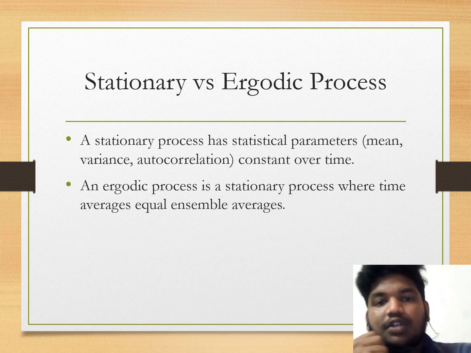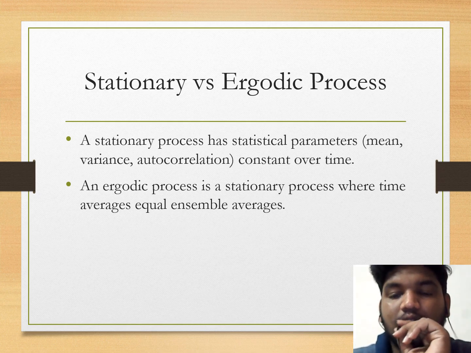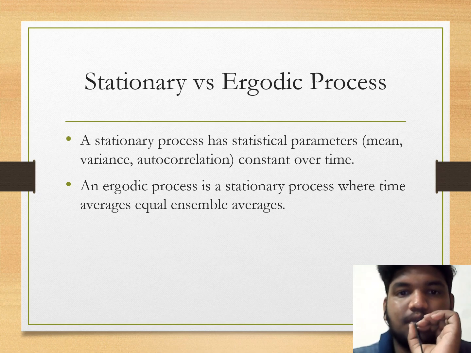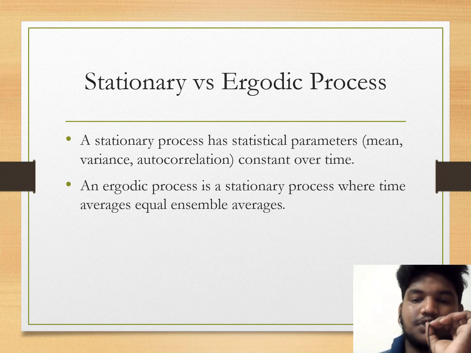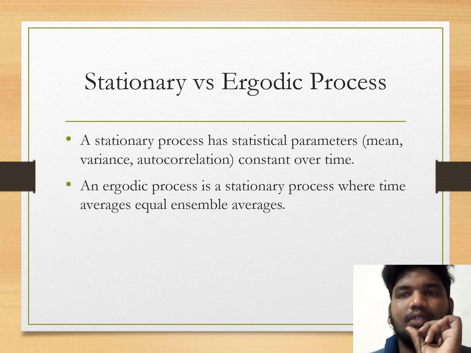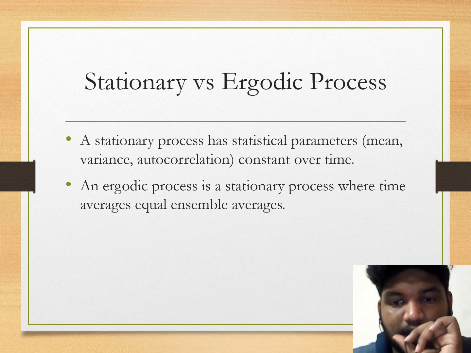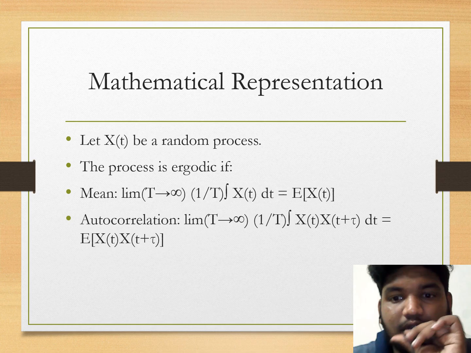And ergodic means that when the ensemble average is equal to the time average, then it is called an ergodic process. Stationary means it should be constant with respect to time, and an ergodic process means the ensemble average is equal to the time average. This is about stationary and ergodic processes.